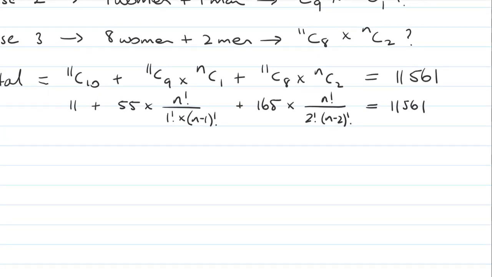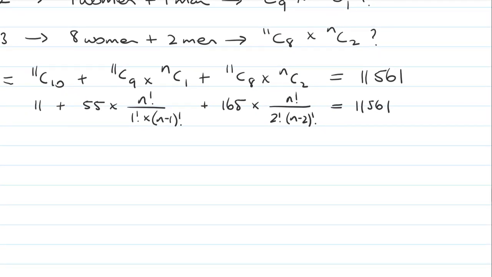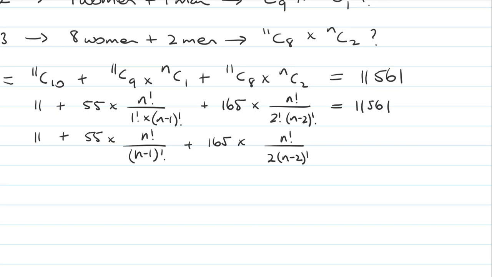Now I can solve this equation. So let's see how we go. 55 times n factorial over n minus 1 factorial plus 165 times n factorial over 2 times n minus 2 factorial.